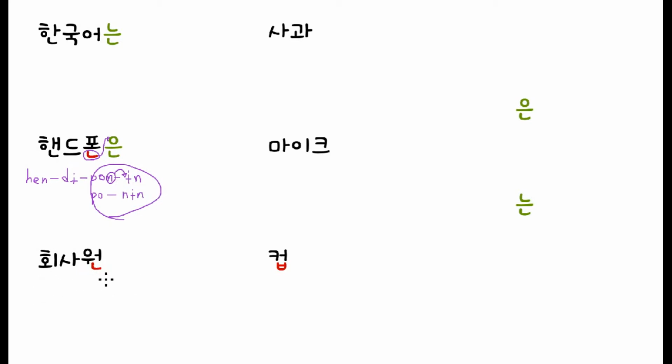Okay, so next one, 회사원, which means worker, officer, generally. 회사 means company, like office, and then 원 is for the people. So company people, which means officer, like worker, that kind.